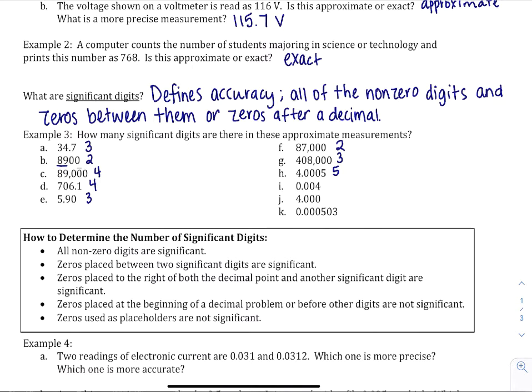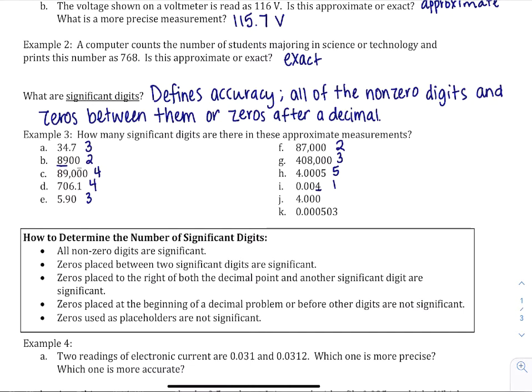Even though I know that those 2 zeros are after the decimal, they are not after a significant digit. And so in this case, the first significant digit is 4. If you had zeros after this, then those would count as significant digits. But anytime you have leading zeros, those will not count. So this one actually just has 1.